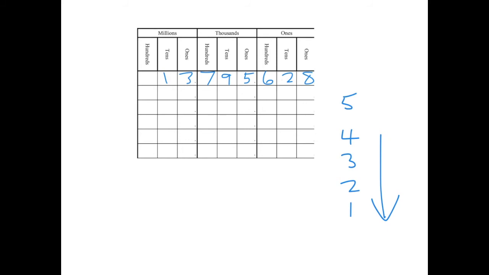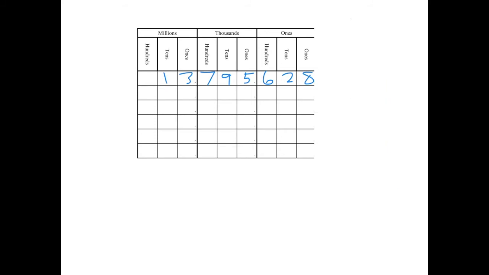If it's 5 and up, like 6, 7, 8, and 9, you round up, which means I take a look at the number that I want to round to, which is the ones in the millions place. I take a look immediately to the right. Does this number fall somewhere in this area? Yes, so I round up. If I go here, I would have to round down. But since it's 7, I round up. So therefore, this turns into a 4. So 14 million. That's how I rounded.